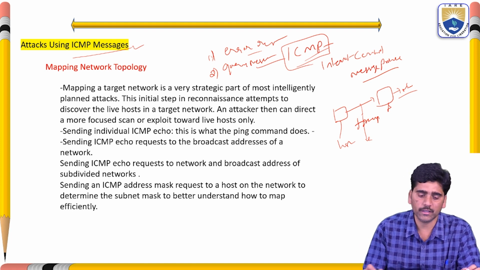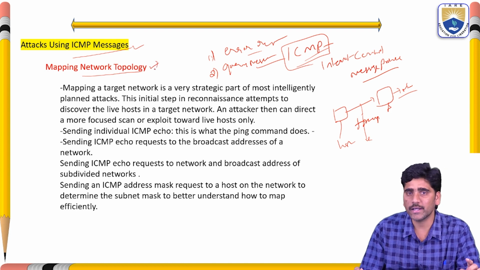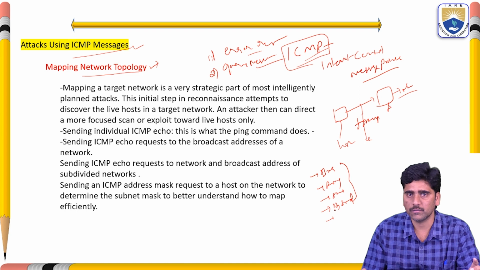The first attack category is mapping network topology. We already said that network topologies are of different types, like bus topologies, ring topologies, star topologies, hybrid topologies, and mesh topologies.